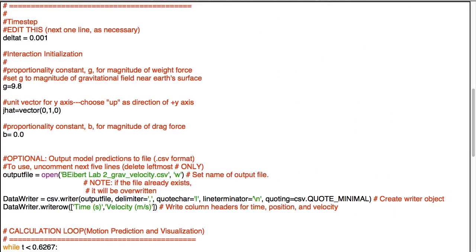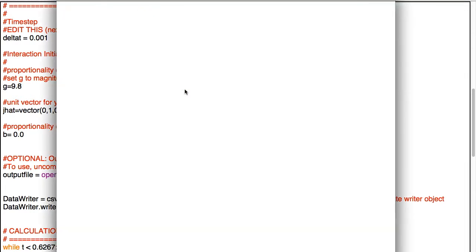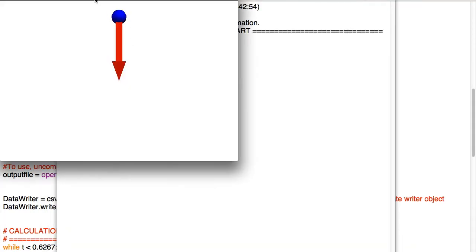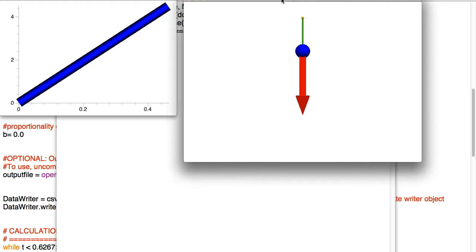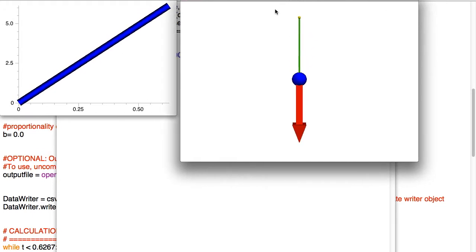Next, we'll take a look at the velocity over time. First, with just the model containing the gravitational force, we'll see that the velocity continues in a linear fashion upward over time with just that force.